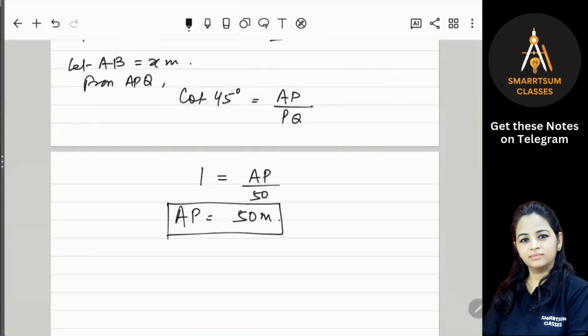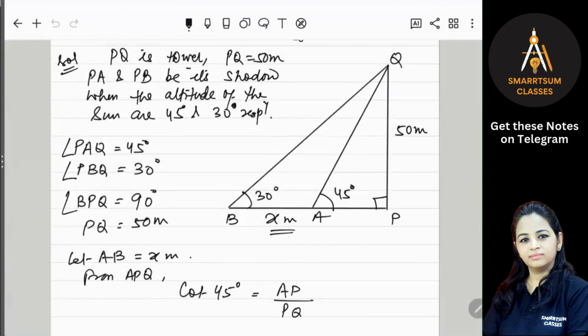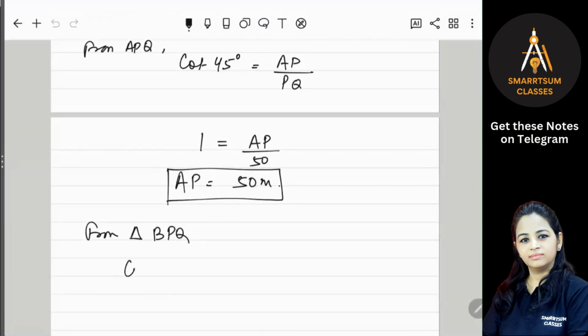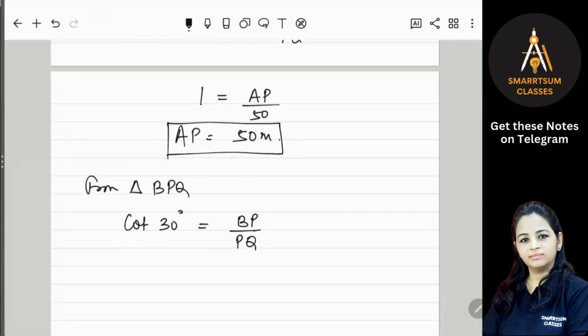Now from triangle BPQ, the bigger one. Again, cot 30 degrees is base upon perpendicular, that is BP upon PQ. Cot 30 degrees is root 3.